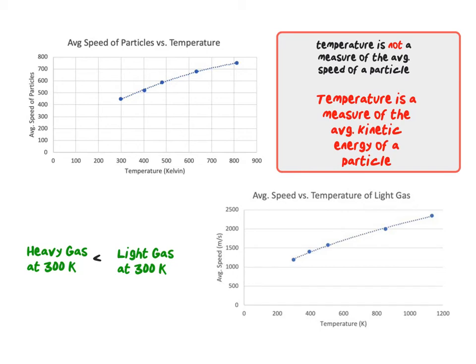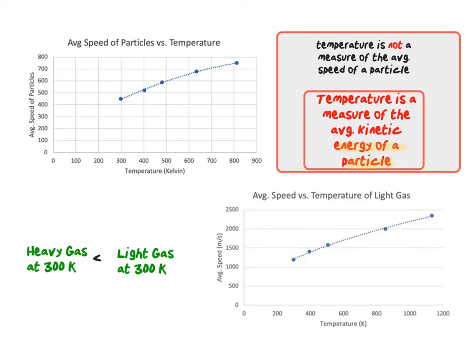So at this point, what I can say for sure is that temperature is a measure of the average kinetic energy of a particle of gas. Now, it's very specific here because I'm starting to notice that it's not the average kinetic energy of all the particles, but rather the average kinetic energy of a particle within the gas.